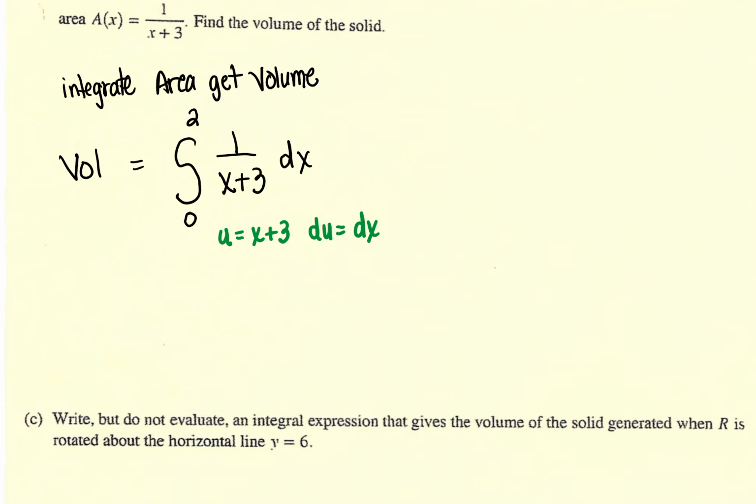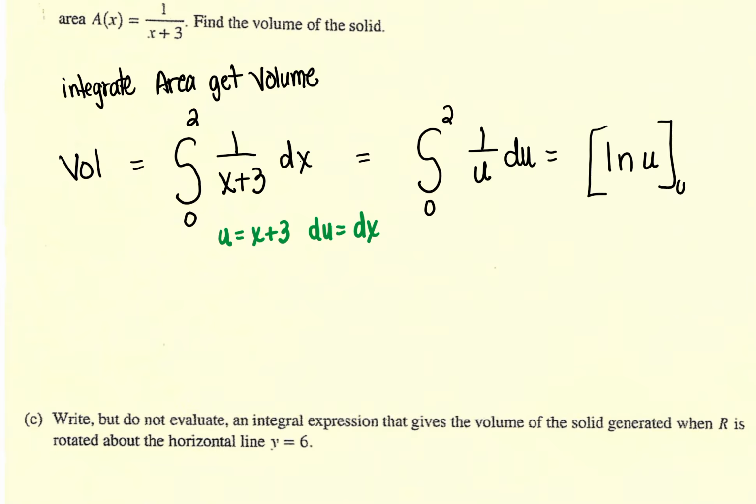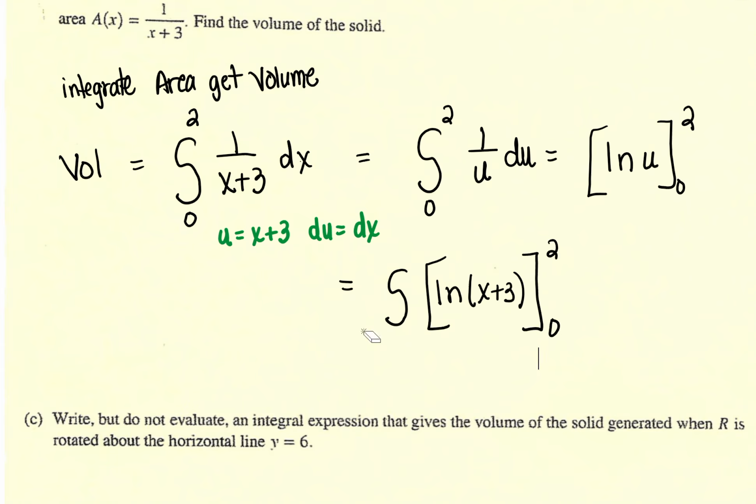So that this becomes the integral from 0 to 2 of 1 over u, and then dx is just du. If you integrate that, that's going to be the natural log of u. But again, I don't want to change my limits of integration, so I'm going to go back and put my u in. So I'm going to have the natural log of x plus 3 from 0 to 2.